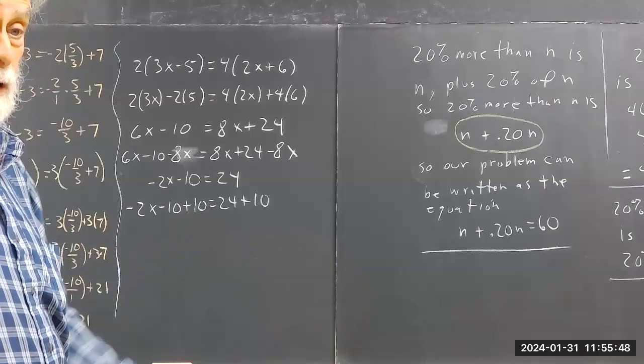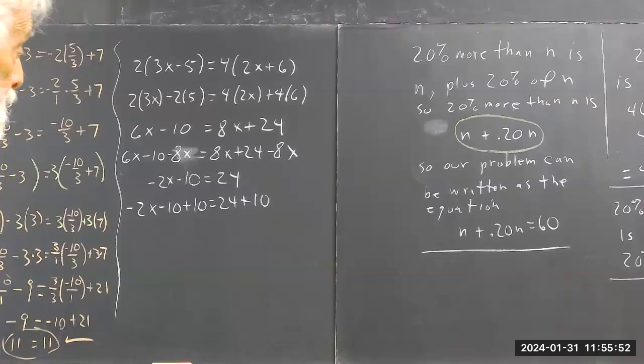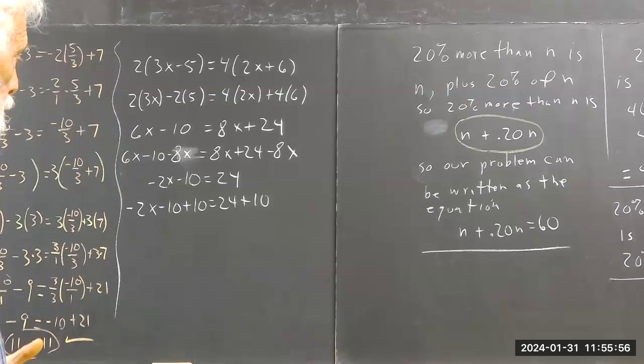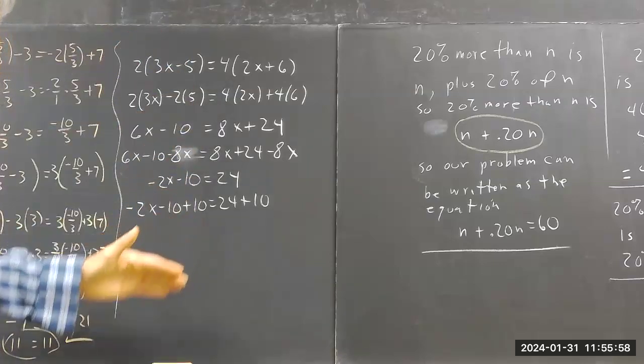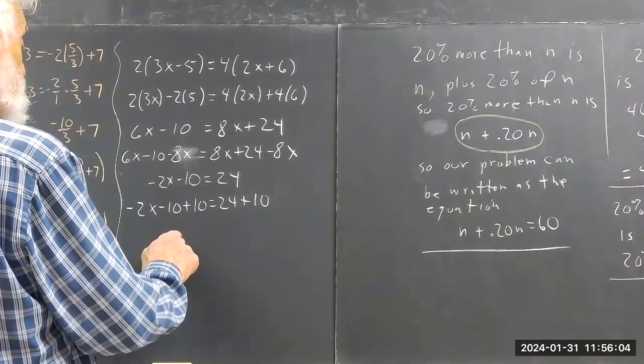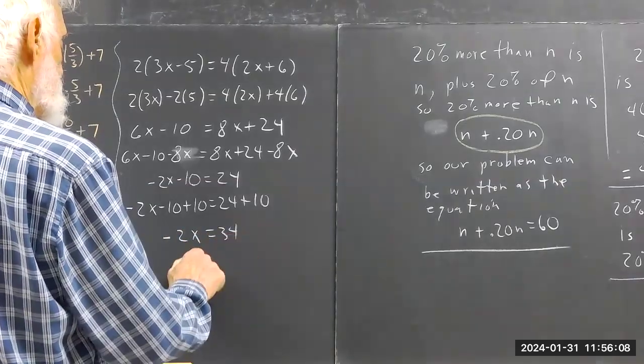You're just less likely to get it right and you're less likely to understand it. So if you've ever made a mistake by doing the two-line thing and you don't see me doing it, don't do it. In any case, we get negative 2x equals 34.